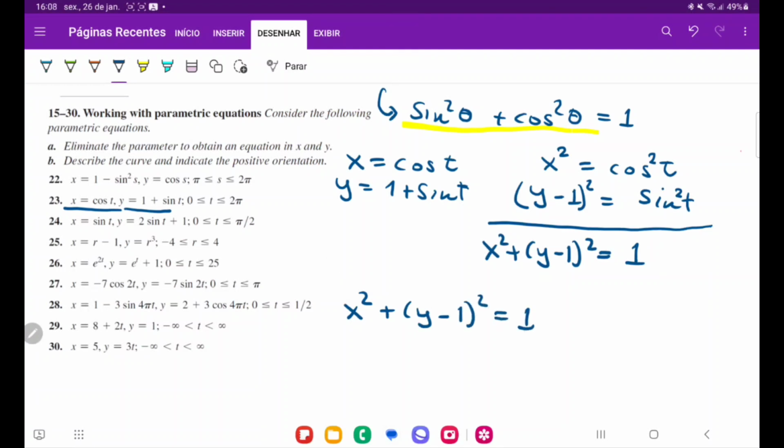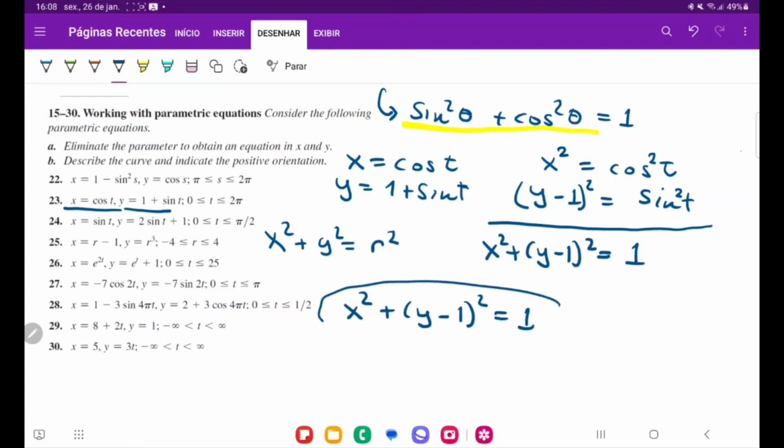So if you compare it to the equation of a circle, so x squared plus y squared is equal to r squared, what we can see here is that the equation that we got is actually a circle. However, the y coordinate has been shifted up by 1 unit, and the radius is equal to 1.